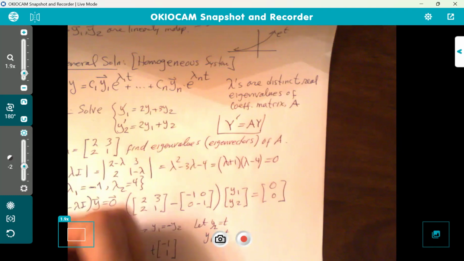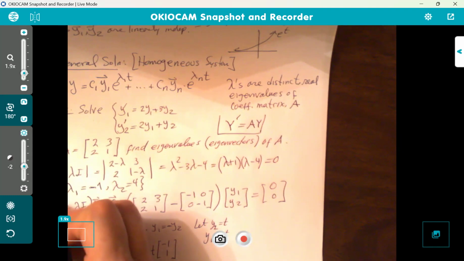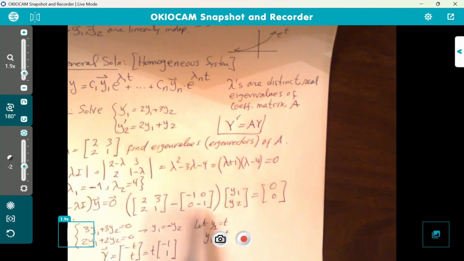Sorry, I didn't write it. This is lambda 1 equals negative 1. That's how you get the vector negative 1, 1 for this one.